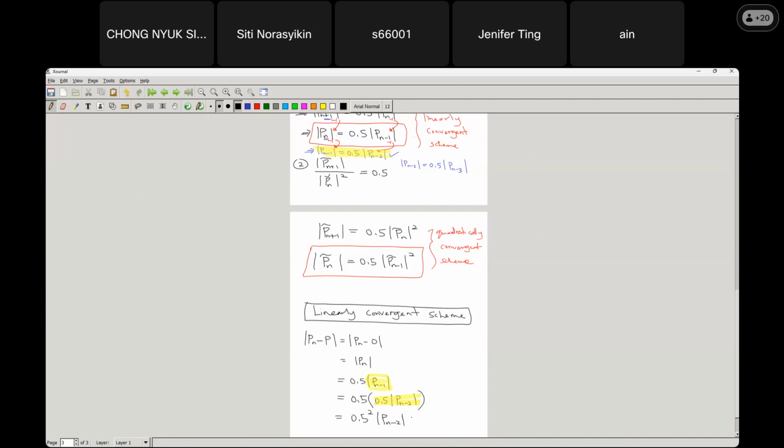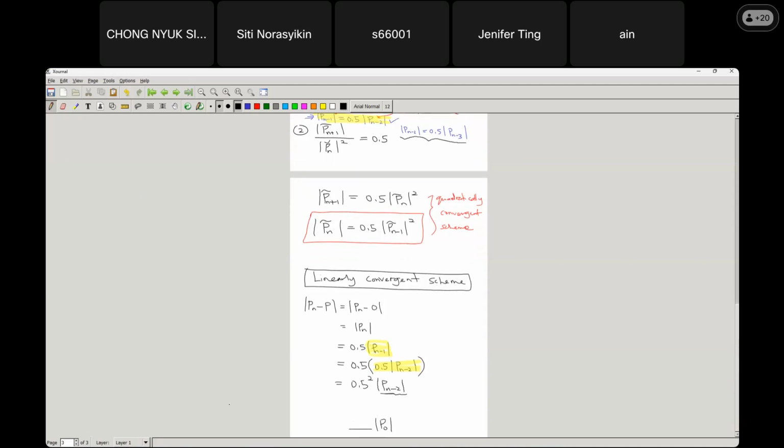So next, how to get the Pn minus 2? It is from here. You substitute Pn minus 2 equal to 0.5 Pn minus 3 into this term. So we will get this is equivalent to 0.5 squared times 0.5 Pn minus 3.